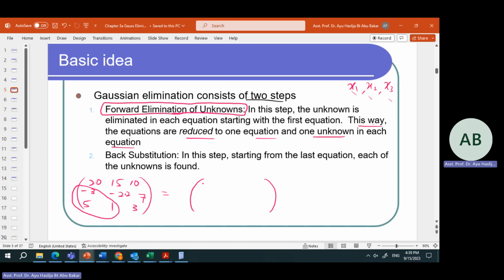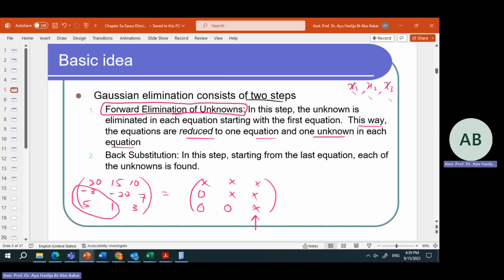This part will be 0, and this part you will have numbers. The equations are reduced to one equation and one unknown.